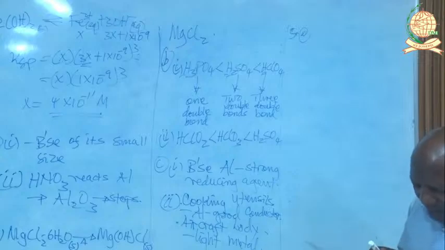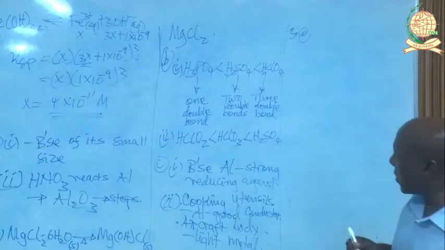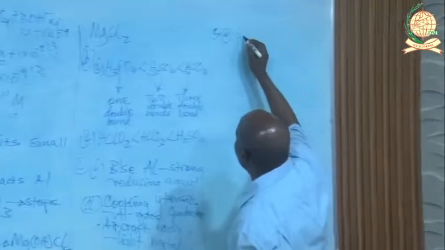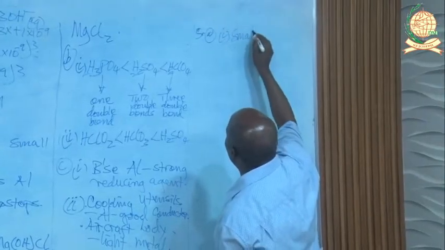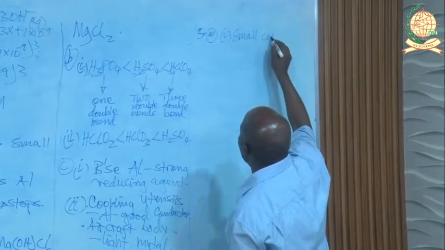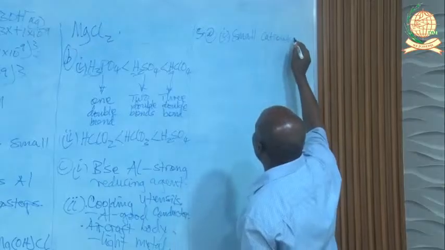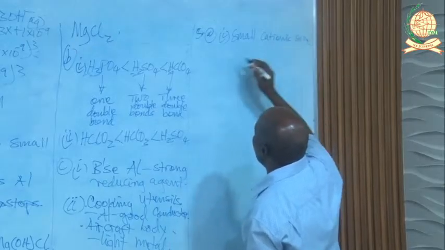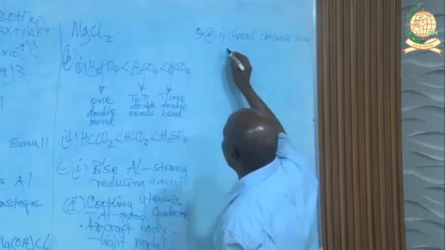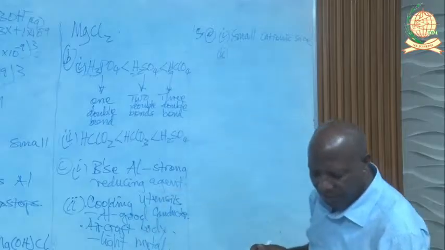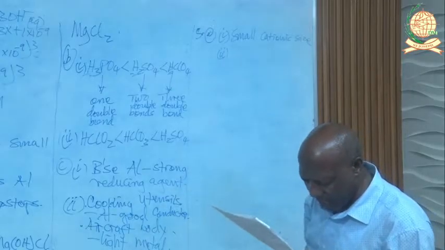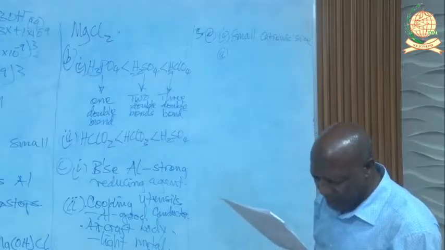So 1, ionic size. So here there must be small cationic size. The central element or the transition element ion must be very small in size. Then vacant d orbitals.